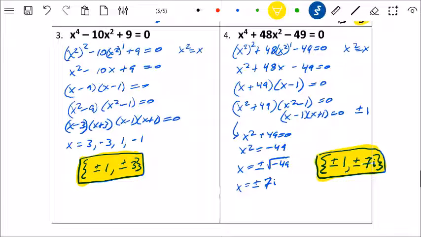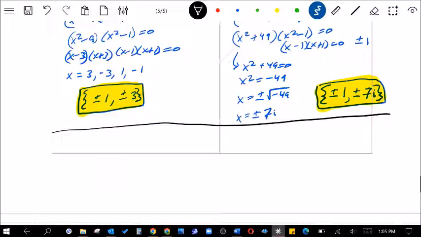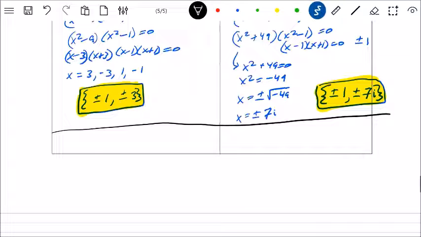Okay, one last thing to recognize about this technique is that we've been doing it with x to the fourths, but we could do it with others. For instance, if I had x to the 10th power plus x to the 5th power plus, say, 3, I could rewrite as x to the 5th squared plus x to the 5th plus 3.